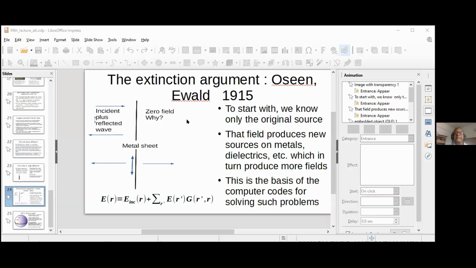No, because whatever I told you in the last half an hour or so is based on scattered waves which have a physical origin. They originate in charges, in matter, in metals, dielectrics, and so on. Whereas the Huygens principle asks you to believe that waves originate in empty space inside a slit. Now that we kind of justified by fairly elaborate arguments.